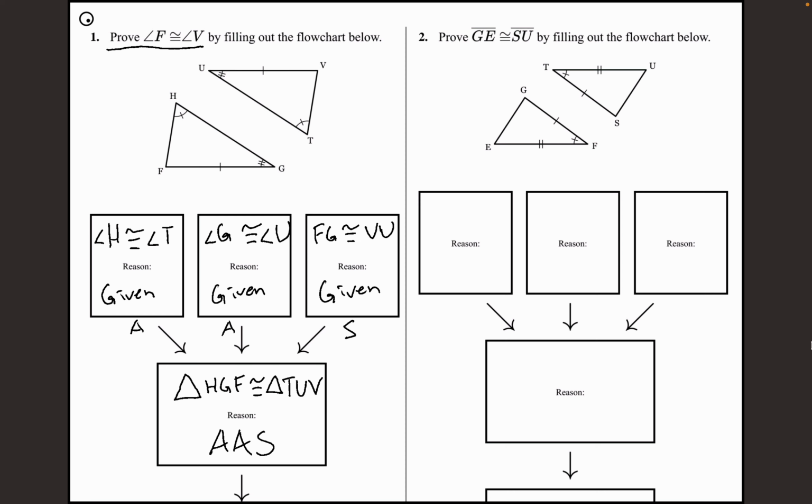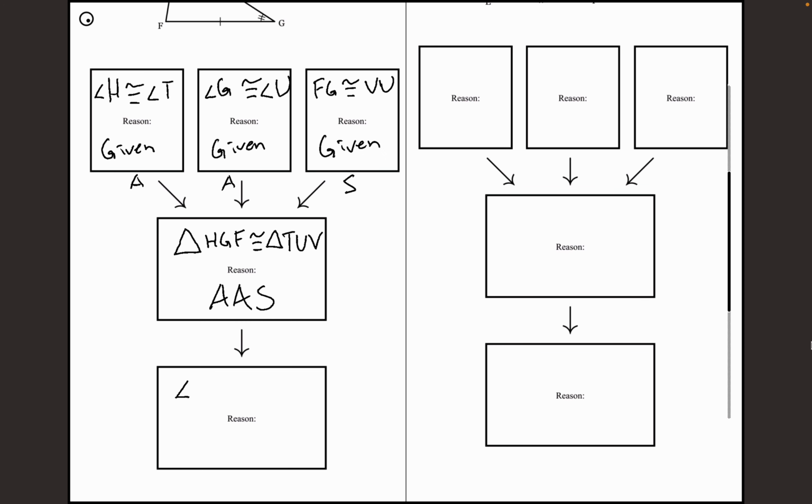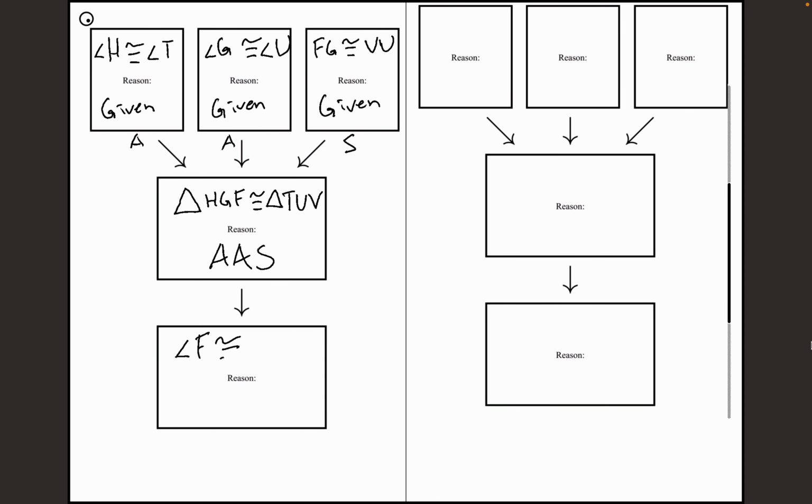The only thing that's different here is we are proving two angles are congruent. So we did the same thing already like we did last week, but it's just one additional box. What we're going to put right here is the angles that it asks us: angle F is congruent to angle V. Whatever we're proving is the last statement, because these are statements, these are reasons. Okay?